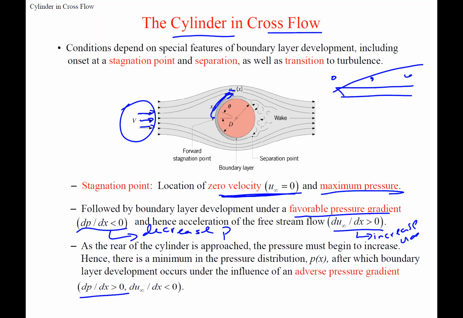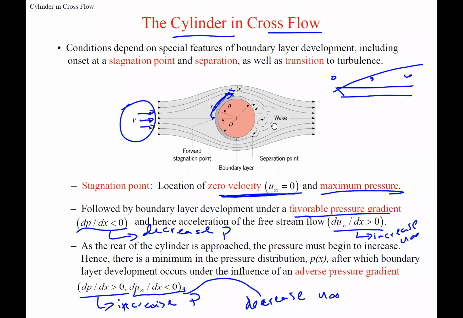So now we're going to have a point where we start increasing pressure. So we increase pressure, okay, and we decrease velocity, right? Okay, so that means there comes a point where there's a minimum pressure point, and then we increase pressure, decrease velocity as it goes around.